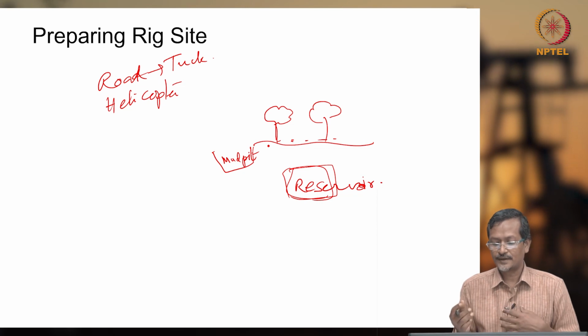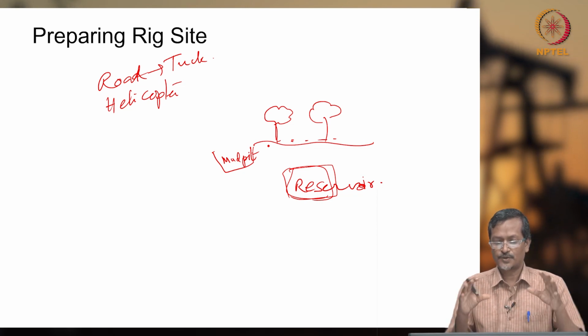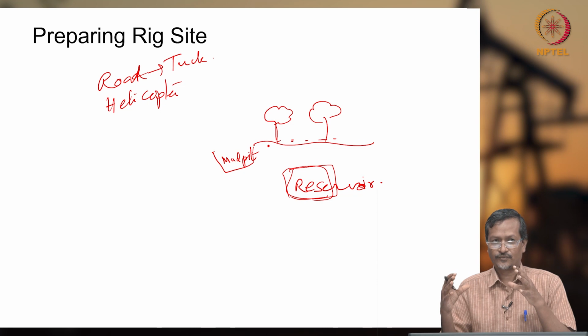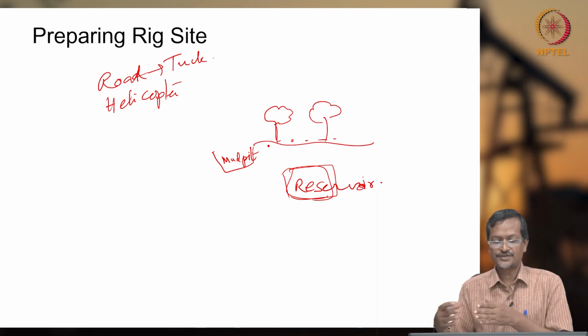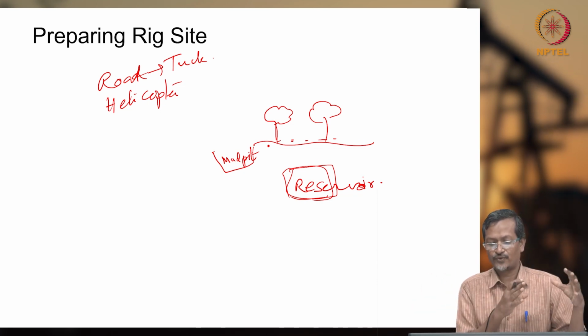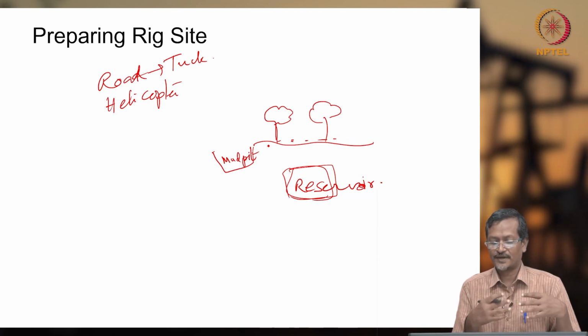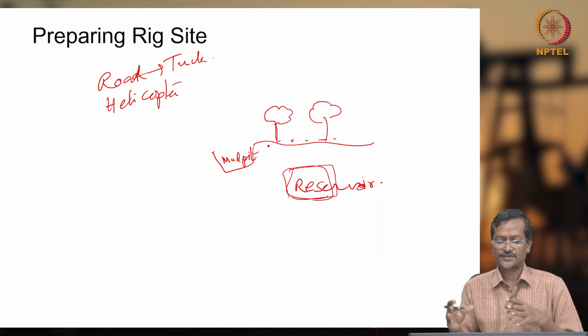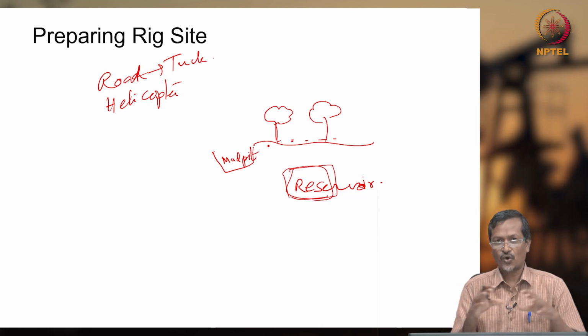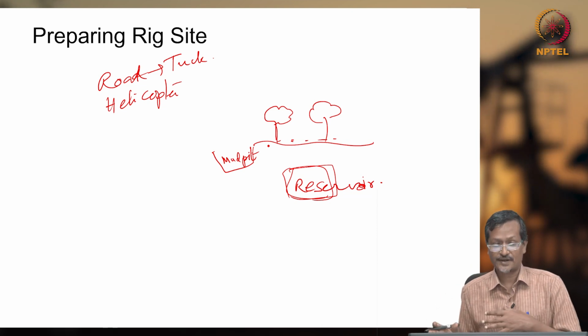Then you have to create some small houses for keeping the engineers and technicians. Then there will be a small restaurant system so that people can eat. There will be a toilet system, and a power connection system. So you have to prepare everything before you start drilling.